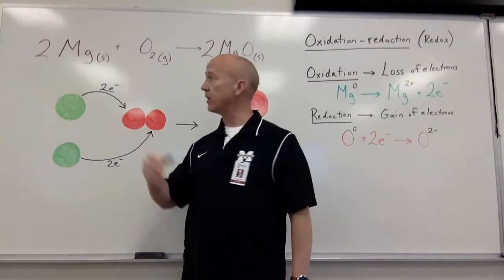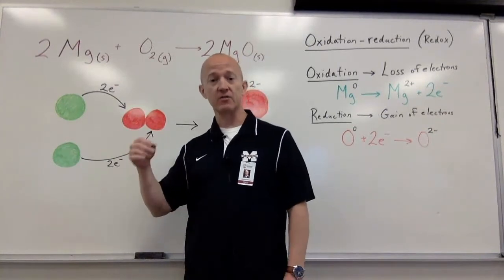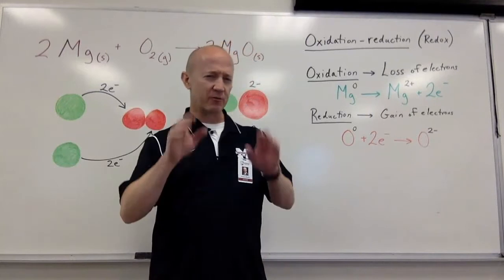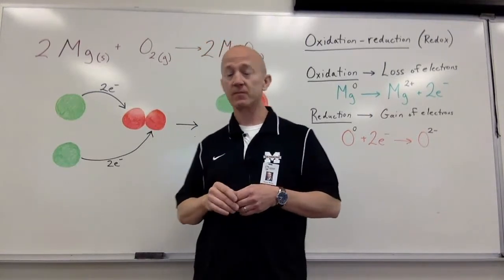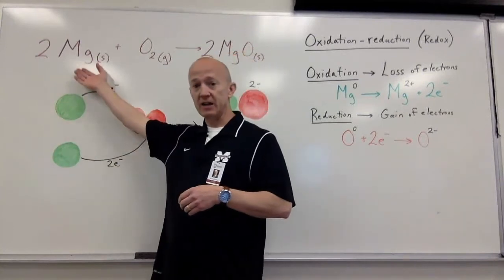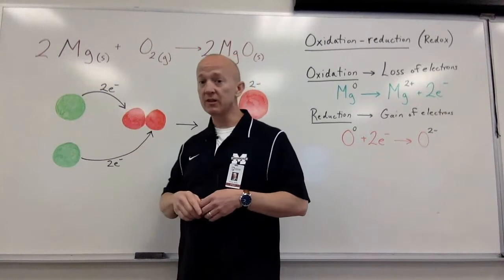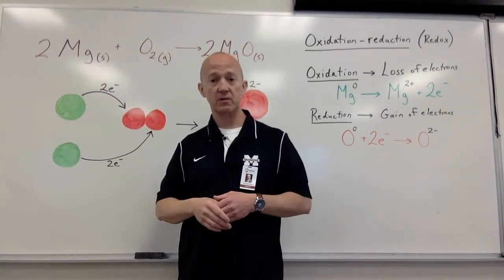So we already know that in this relationship, one element is oxidized and the other's reduced. But there's another aspect, another view you might take of this relationship, and that is this. The item that's being oxidized is in the process reducing the other element, or causing the other element to be reduced.